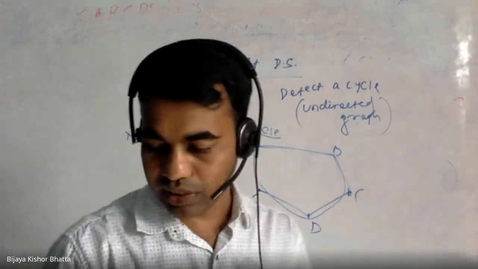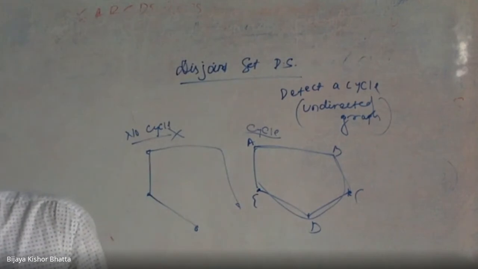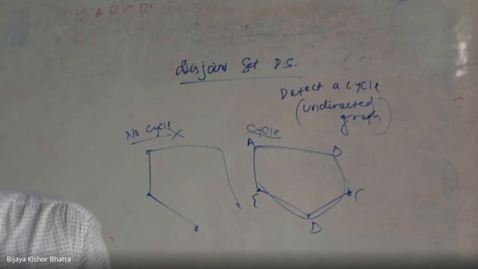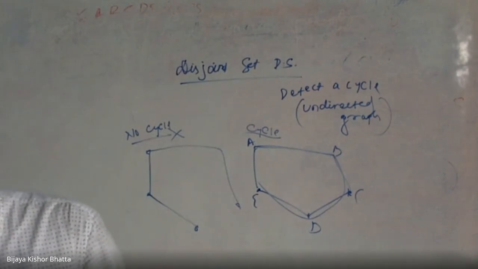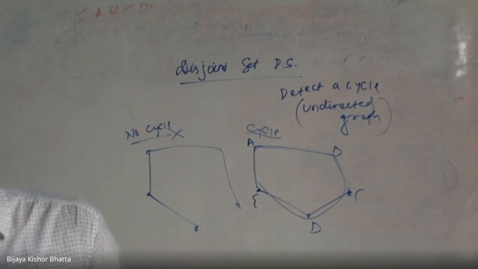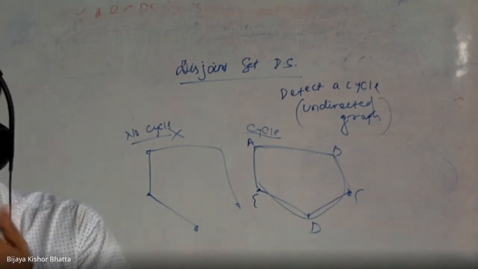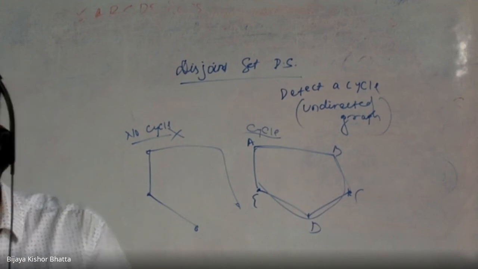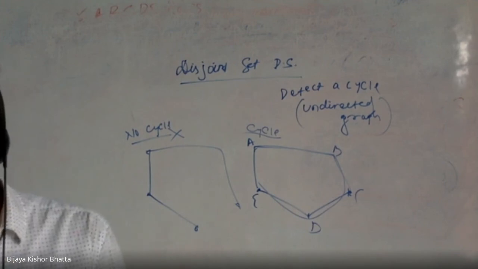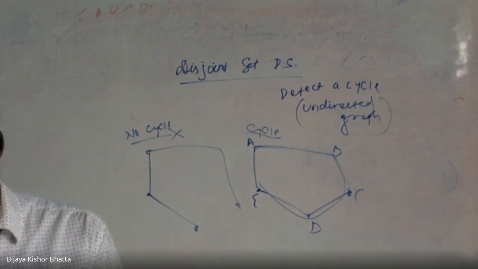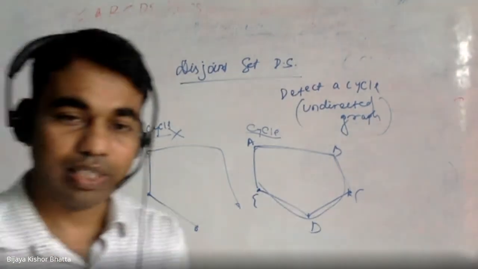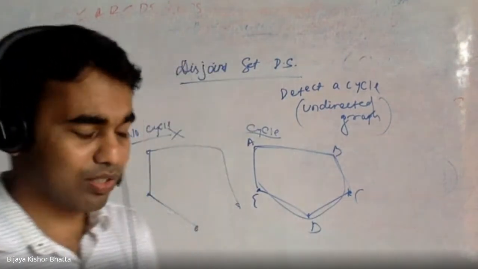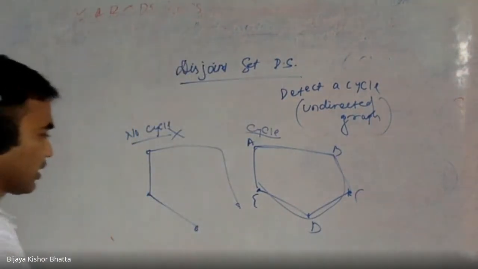Now the question is whether your graph contains a cycle or not. How to check? This is the disjoint set data structure, which will help us detect whether there exists any cycle in a given graph or not. How it does that, we are going to discuss in the next class.